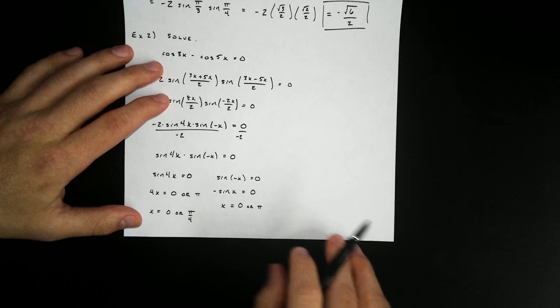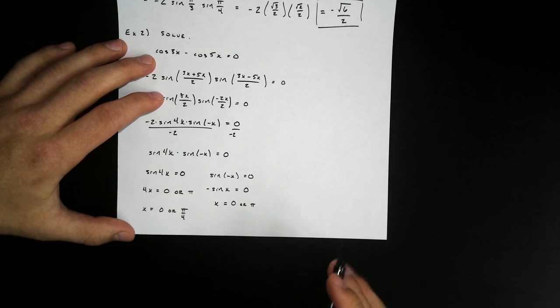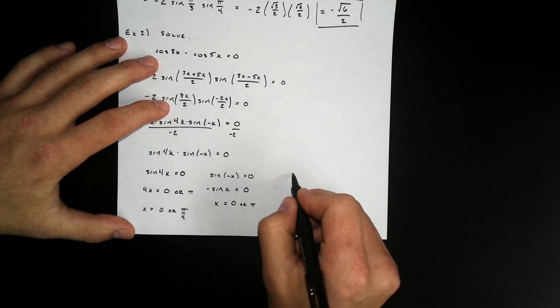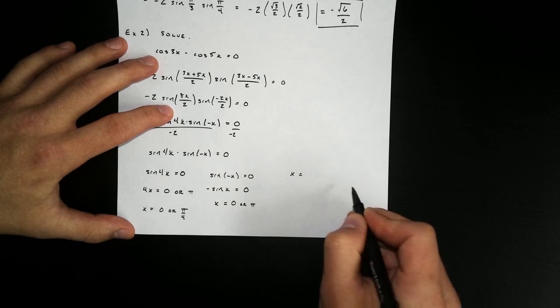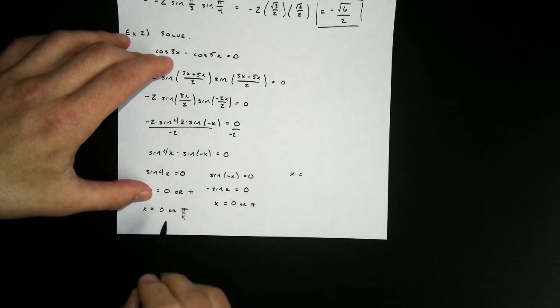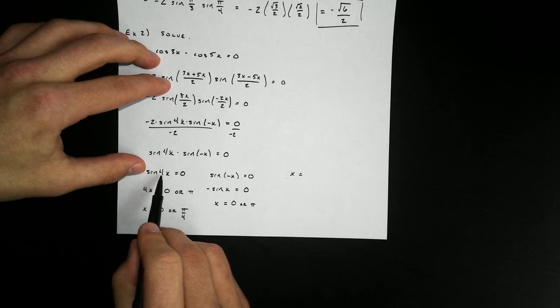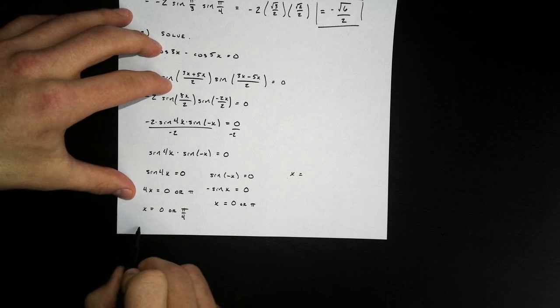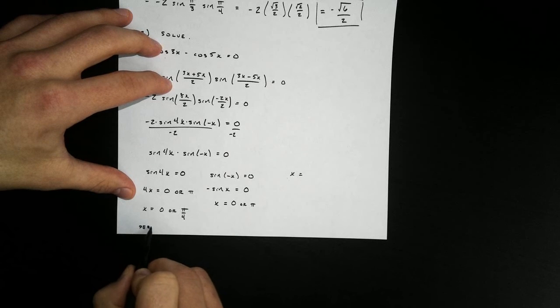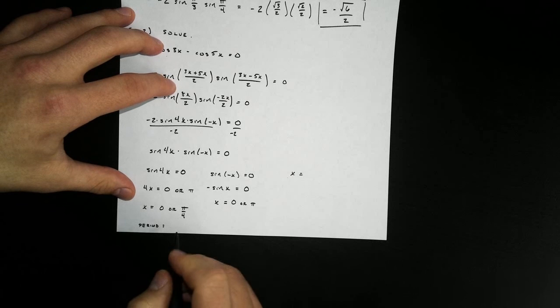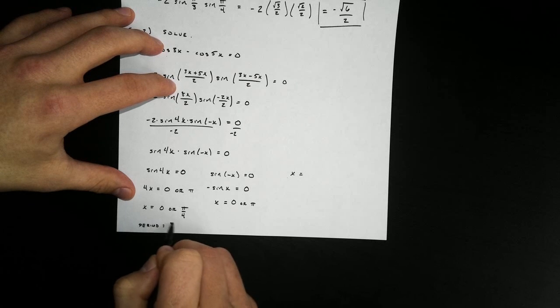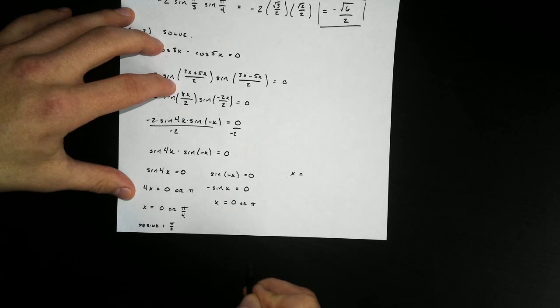But now let's use the periods to get all of our possible answers. So x is equal to, and then let's see, so over here, the sine of 4x, the period for this one, so we take 2 pi divided by 4, so the period of this is pi over 2.